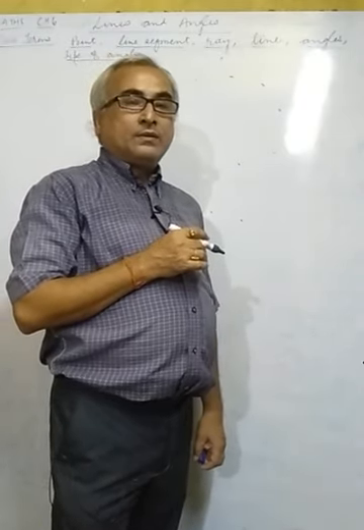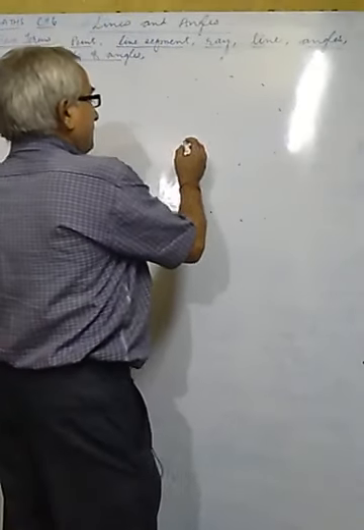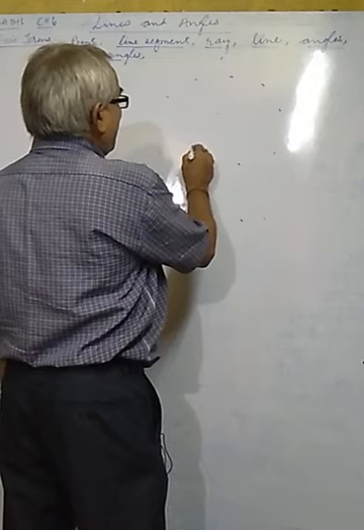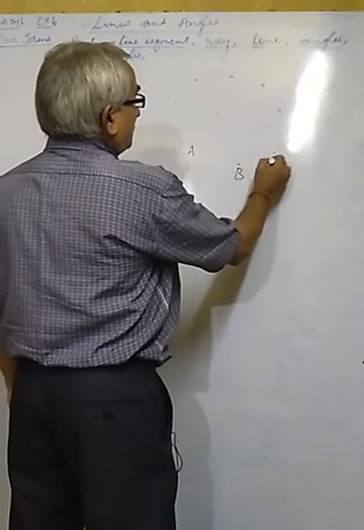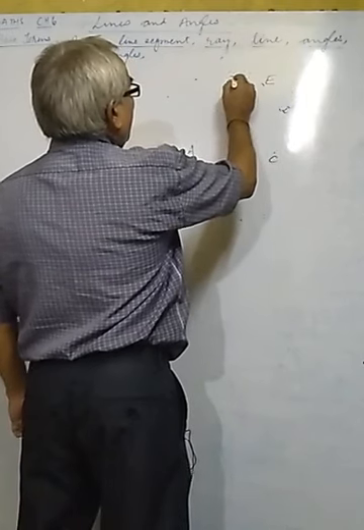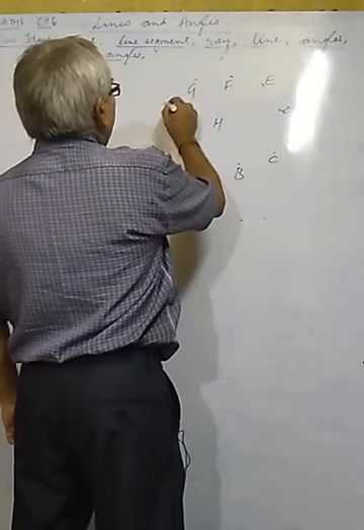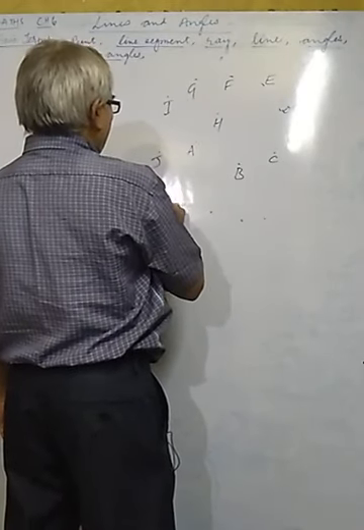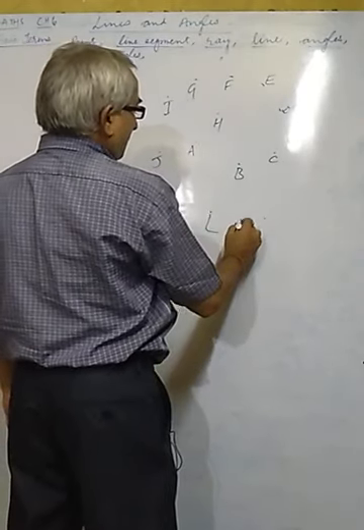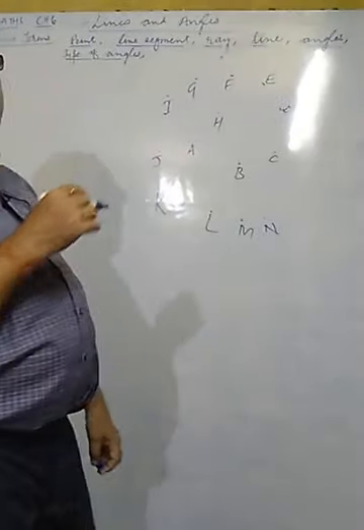In this way, so many points are here, so we may give names to these points. Suppose this one is A, this one B, this one C, D, E, F, G, H, I, J, K, L, M and N. All these points are there.